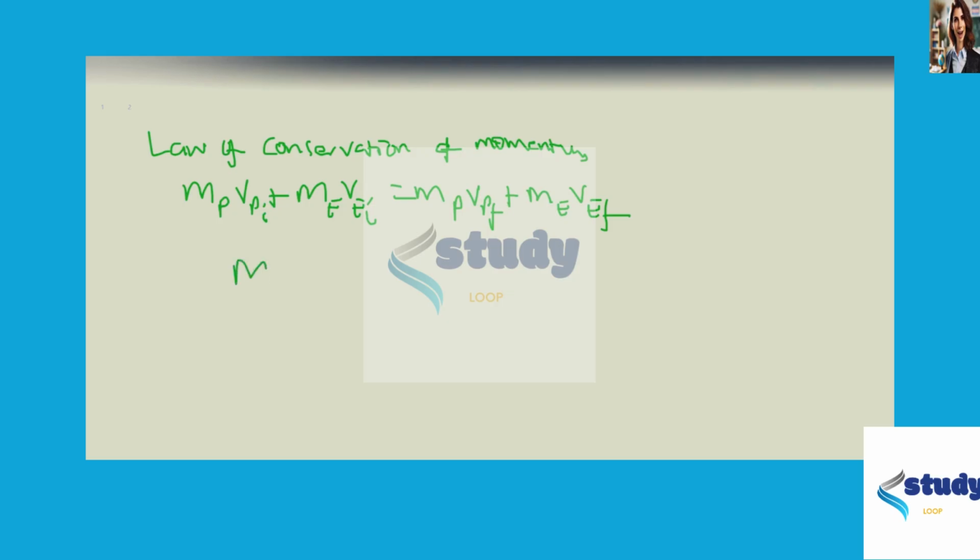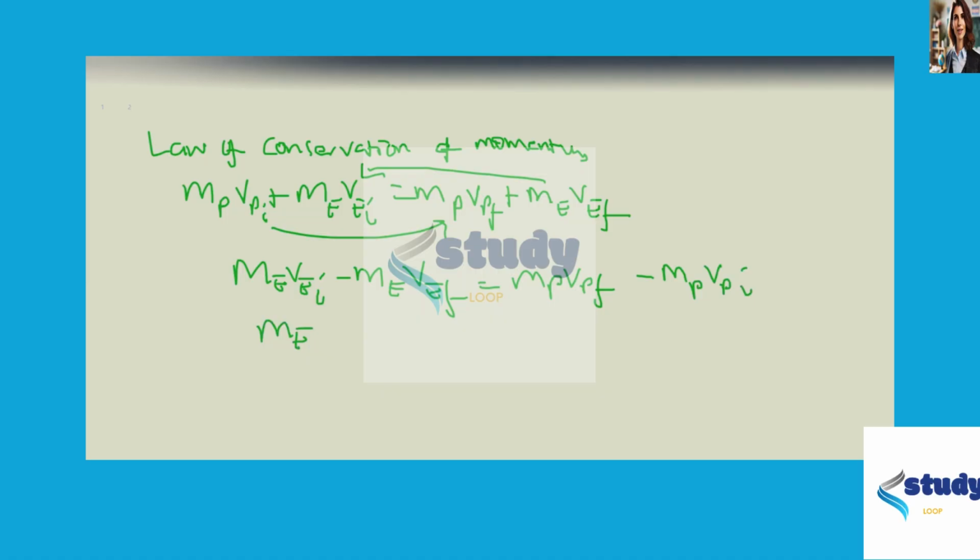Me Ve initial minus Me Ve final equals Mp Vp final minus Mp Vp initial.